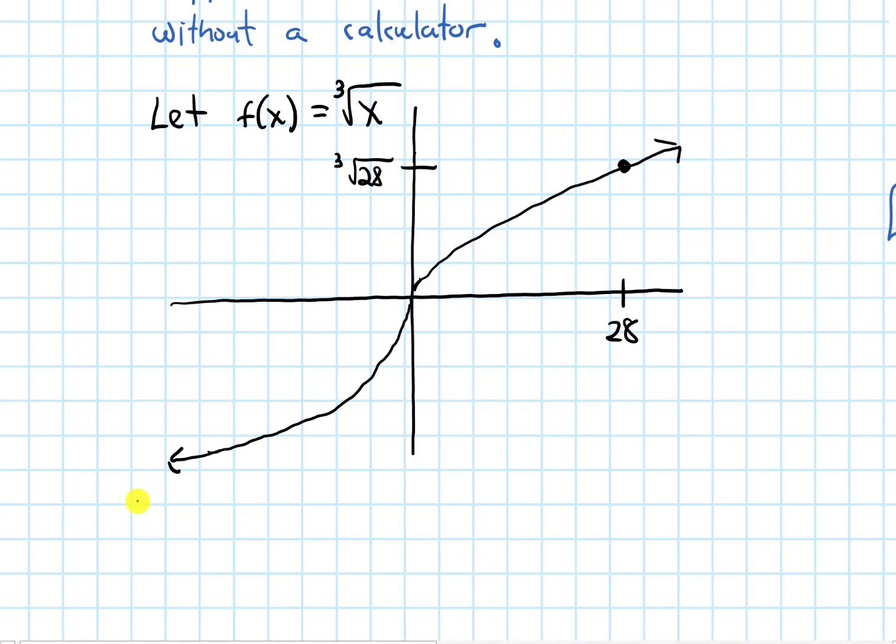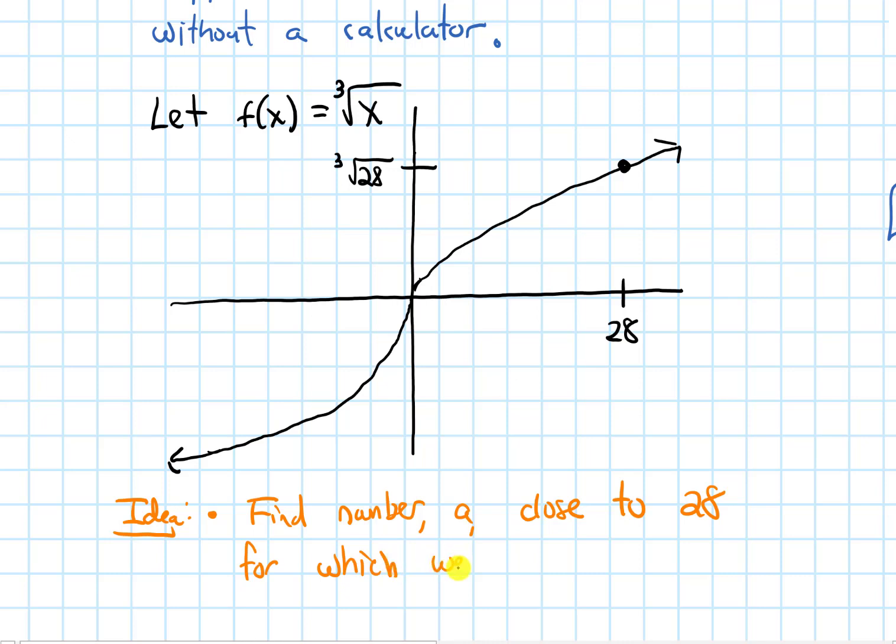So let's talk about the idea that we're going to use. So our idea is going to be to first find a number, I'm going to call it a, that's close to the number, the input that we care about, the 28. So close to 28, for which we know the output.